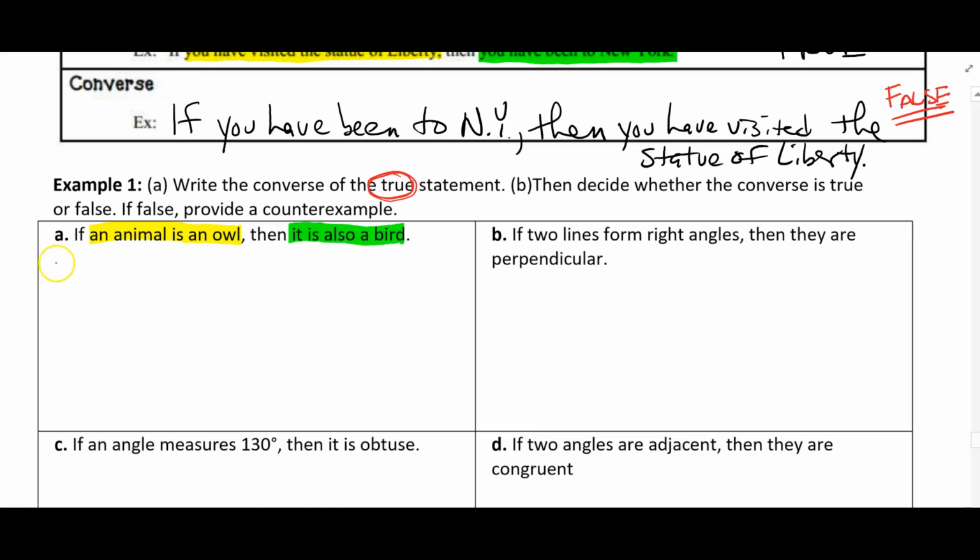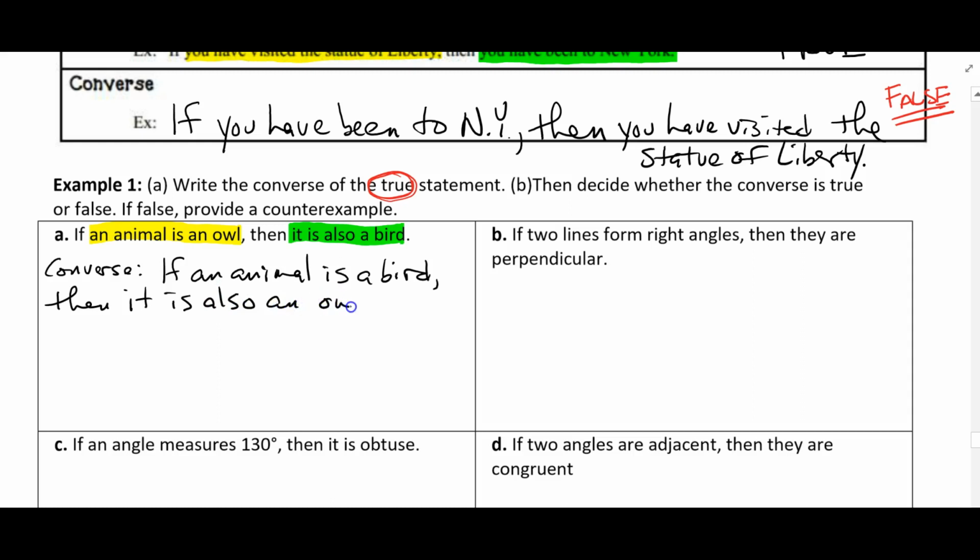When we do the converse here, we're going to have to switch things around and rewrite it a little bit differently than just switching the hypothesis and the conclusion. So if an animal is a bird, then it is also an owl. There's our converse.